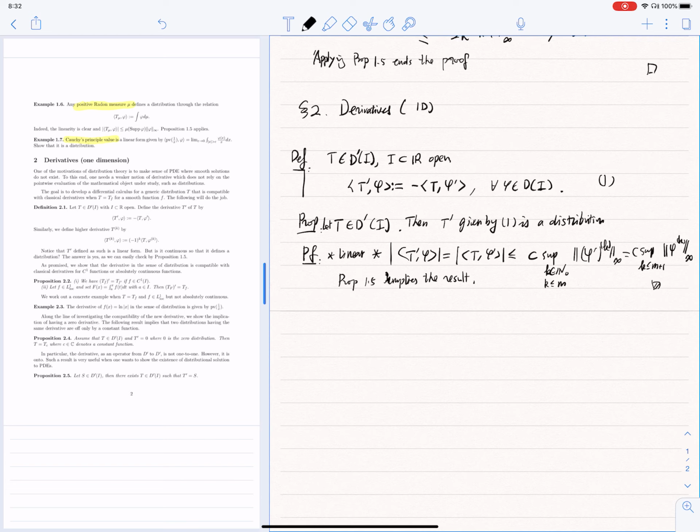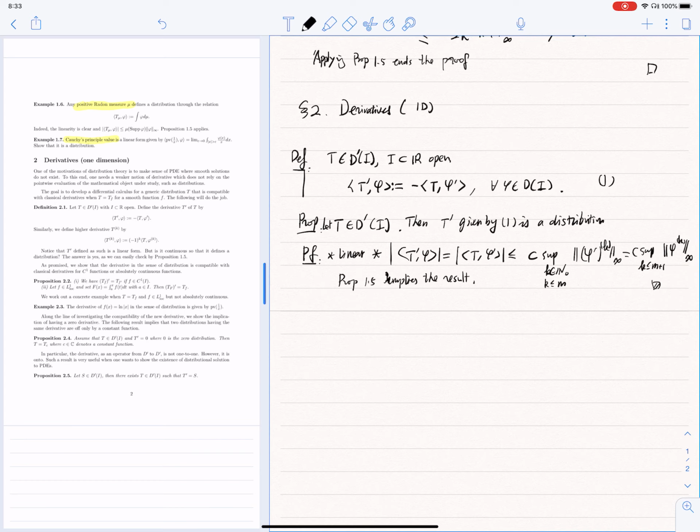Okay, so now that we have already defined the derivative as a distribution, the next thing we're going to do is to see that this new notion of derivative is quite compatible with the classical notion of derivative for C1 functions.